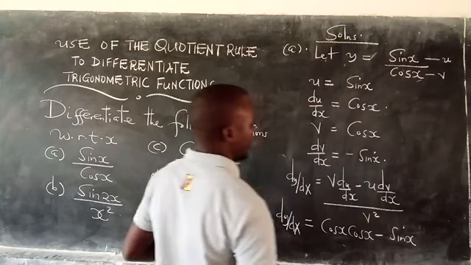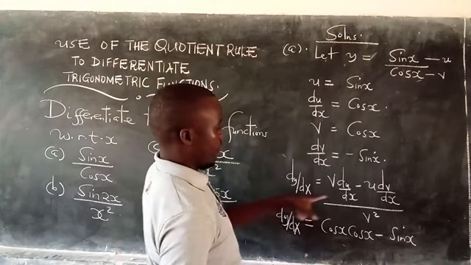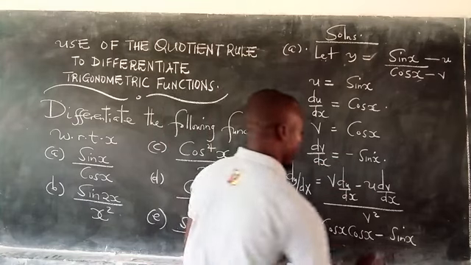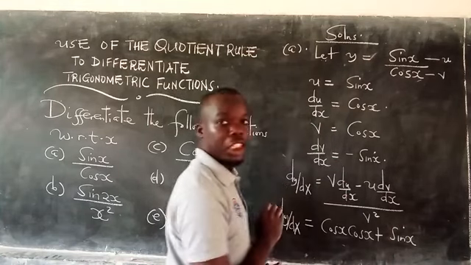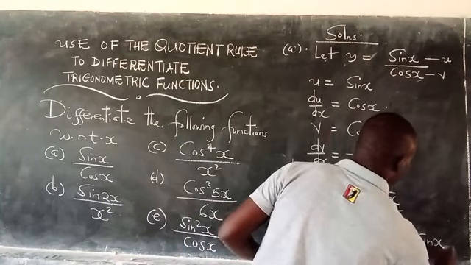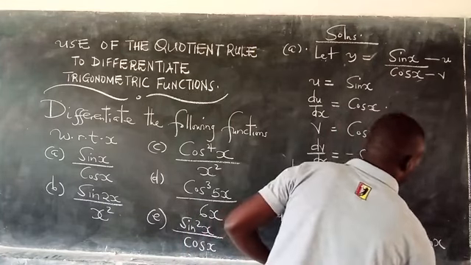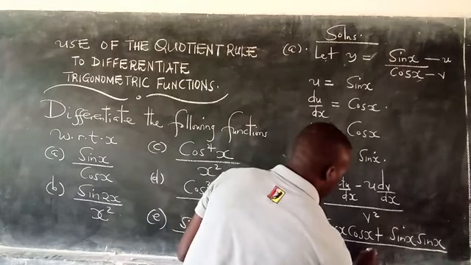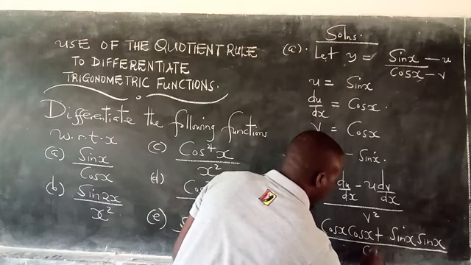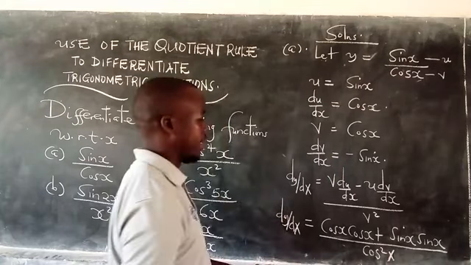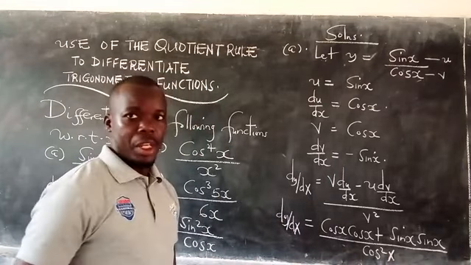But remember, now dv dx is minus sine x. Now this negative and this negative will create a positive, and then we have sine x there. But all this divided by v squared. Our v is cos of x, so I will have cos squared of x.